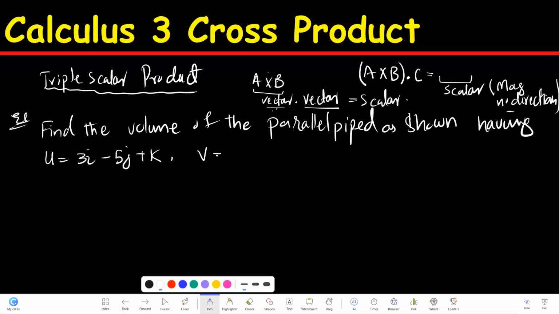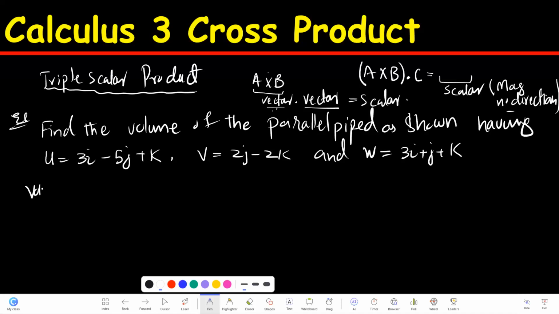Then another vector v is 2i, just j, no i, 2k. And w. So really the three sides are given in the form of vectors.